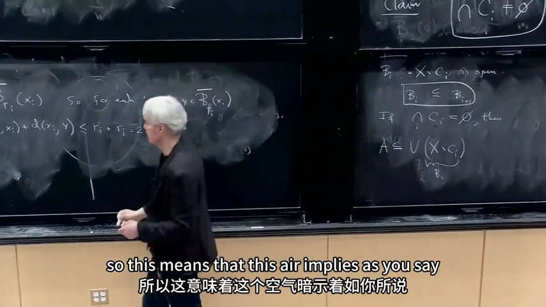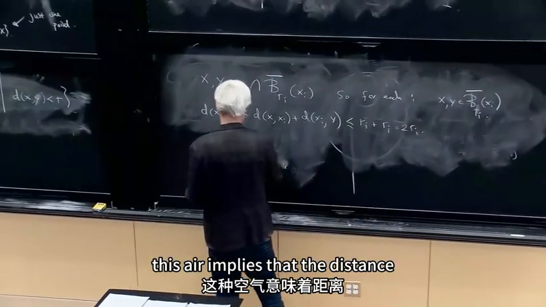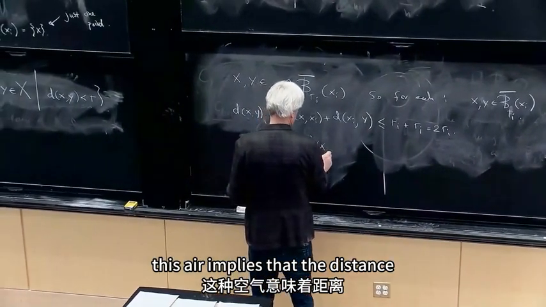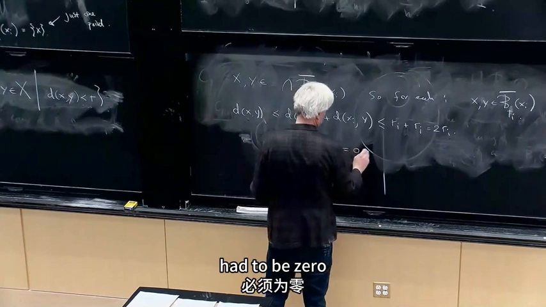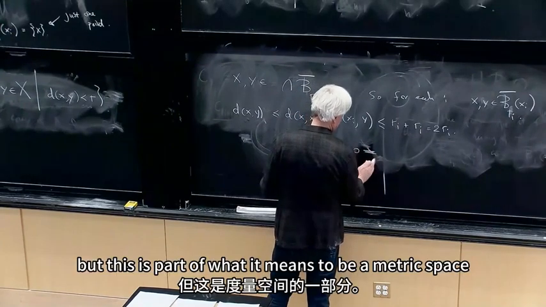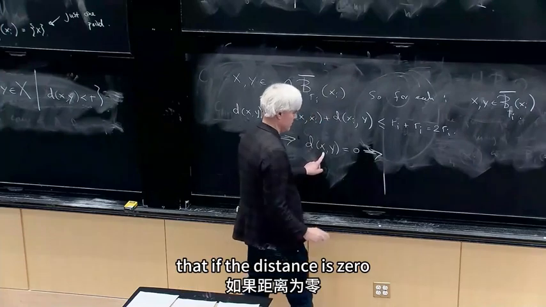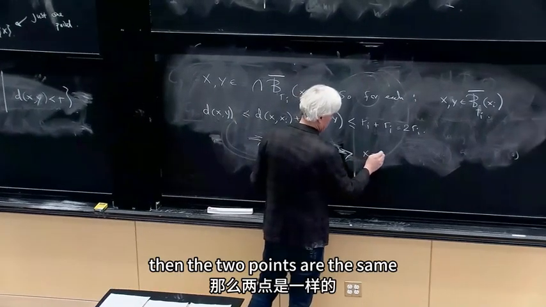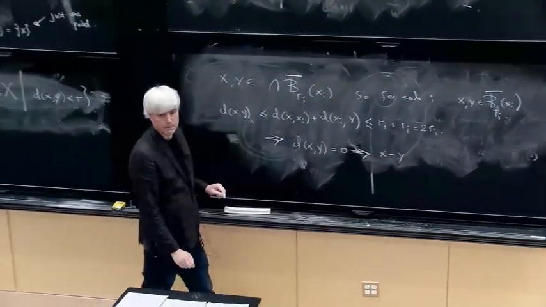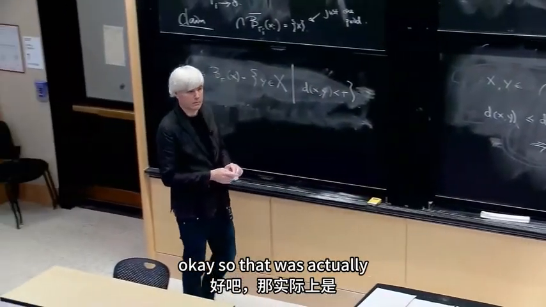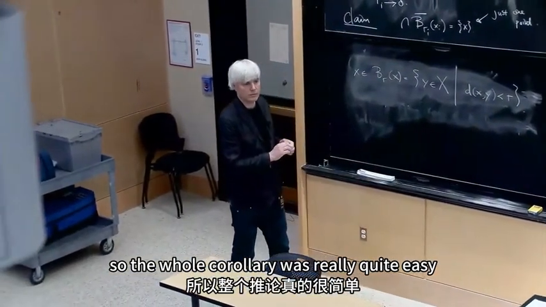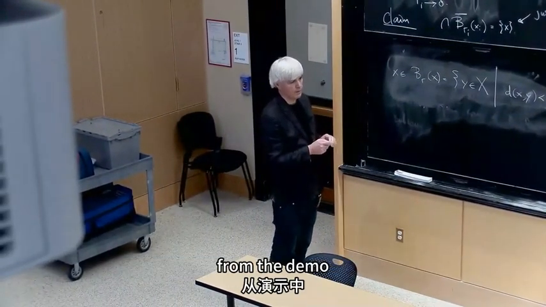So this implies that the distance had to be 0. But this is part of what it means to be a metric space, that if the distance is 0, then the 2 points are the same. Okay, so the whole corollary was really quite easy from the lemma.